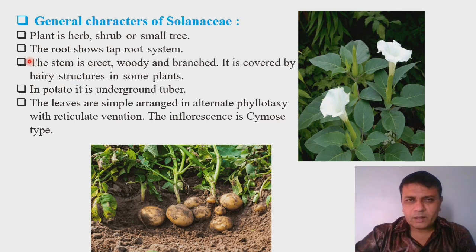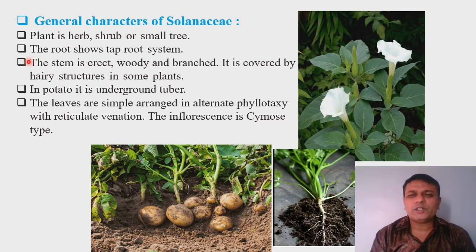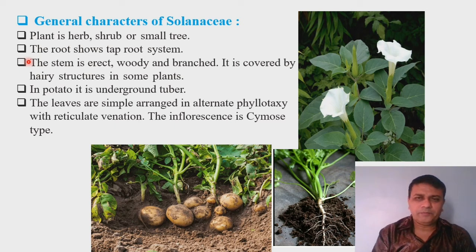Then the plants belonging to family Solanaceae are dicotyledonous plants, and hence they show presence of taproot system. Now you know that taproot system shows presence of a single main root, and it shows presence of root hairs.